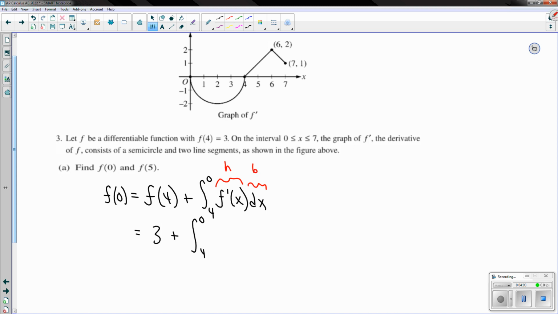So if we're integrating from 4 to 0, the base value would be negative. We can see the function output on that interval on this graph is going to be negative, which is why when we compute this area, the result is going to be positive. You would have learned that the integration along a closed interval when given a graph is the net or the signed area under that curve, right?